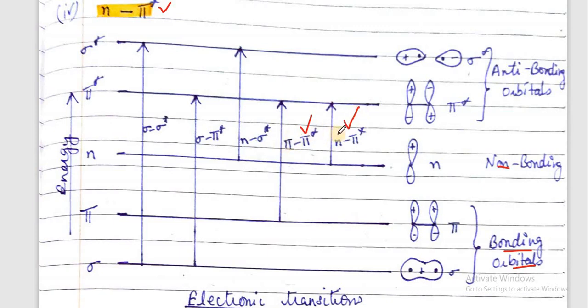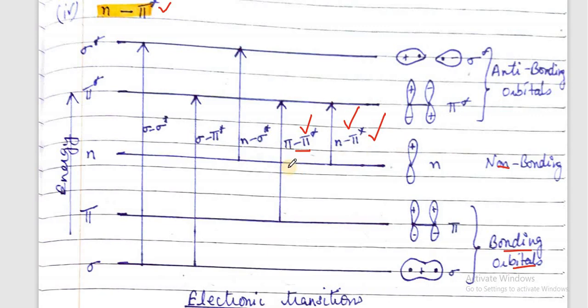Here the arrow is longer, that is, the energy required is more, and these occur at shorter wavelength. Here the gap is smaller, so it requires low energy, and these occur at longer wavelengths. So we can see from this figure which requires more energy, which requires less energy, which has longer wavelength, and which has shorter wavelength.